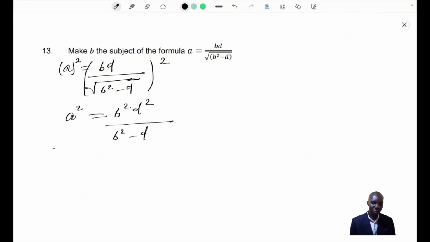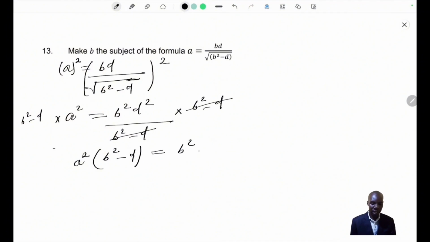Then I can cross-multiply both sides by the denominator. So I'll have B squared minus D, and then that one will cancel out. So I'll have A squared in bracket B squared minus D equals B squared D squared, like that.